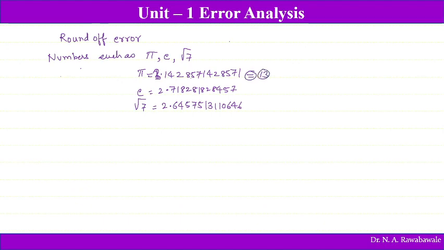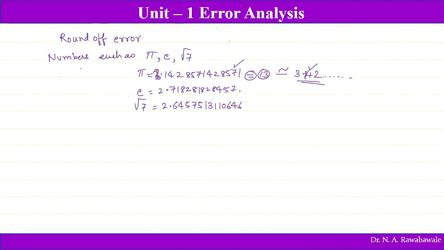So out of 13 significant figures, instead of this value of pi 3.142857, we take an approximate value as 3.142. The rest of the significant figures are eliminated. That means this is the true value, and we take 3.142, which we call the approximate value. Because of this, a rounding error is introduced.